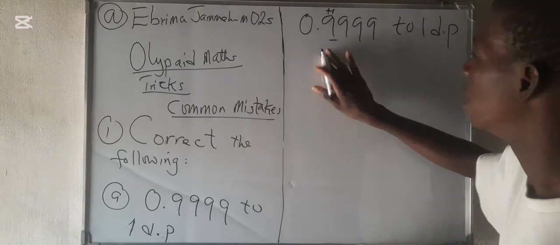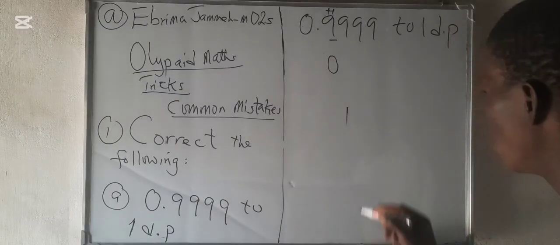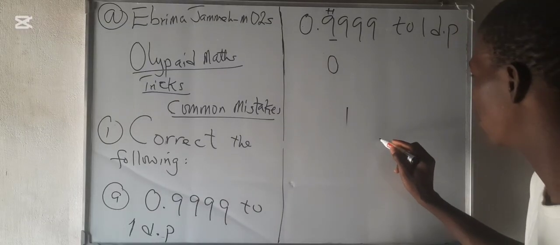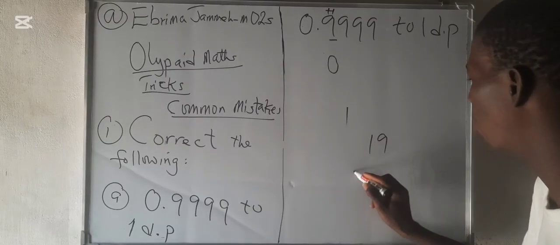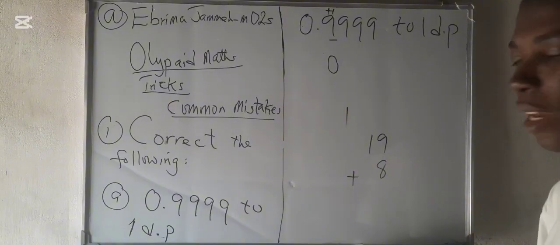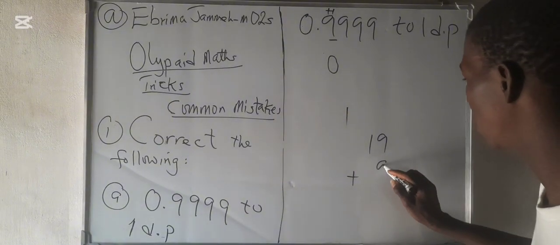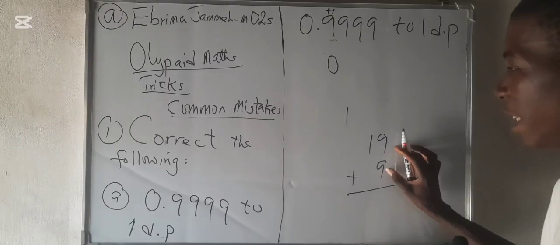You say 0 carry 1. Just like when you are asked to add 2-digit numbers, say 19 plus 9.